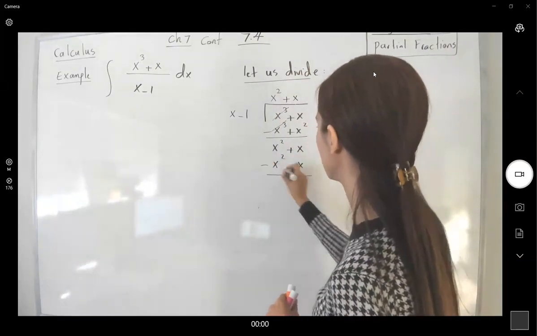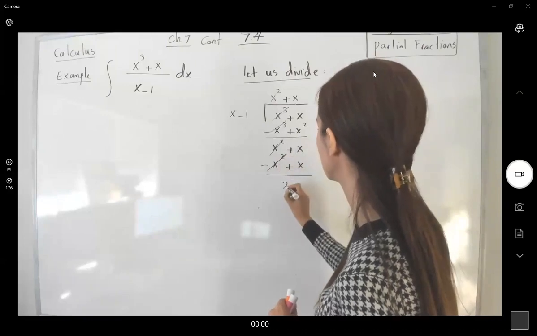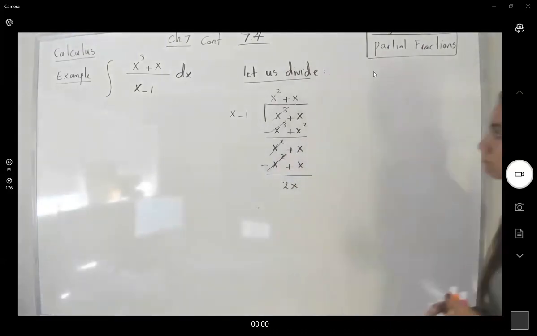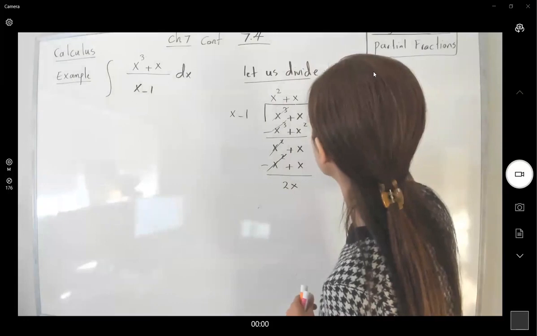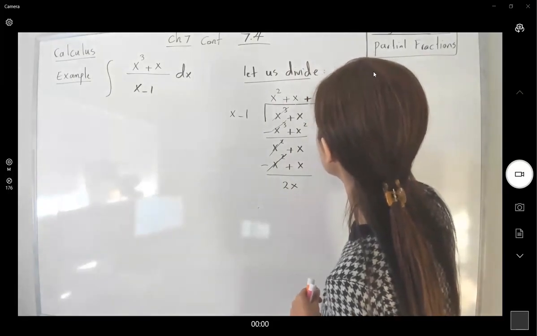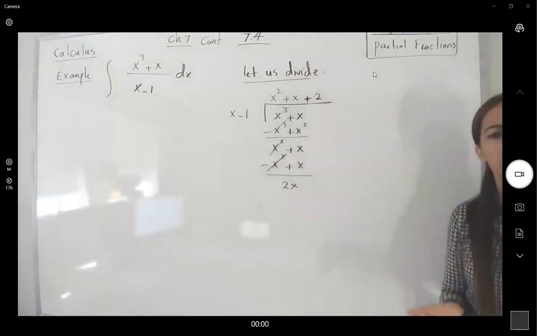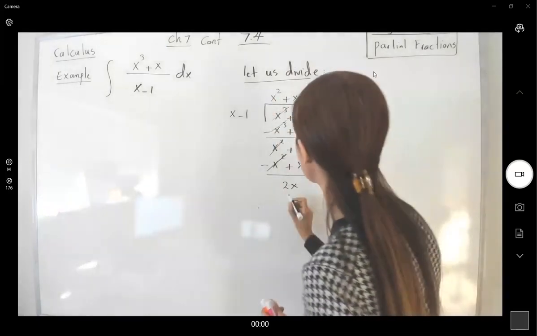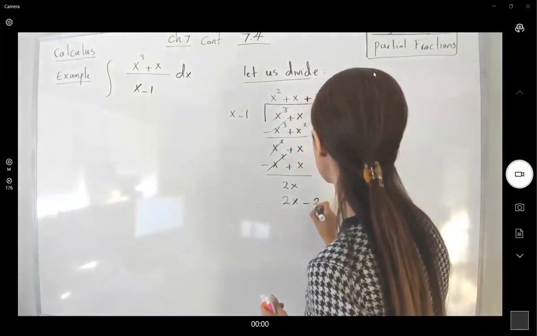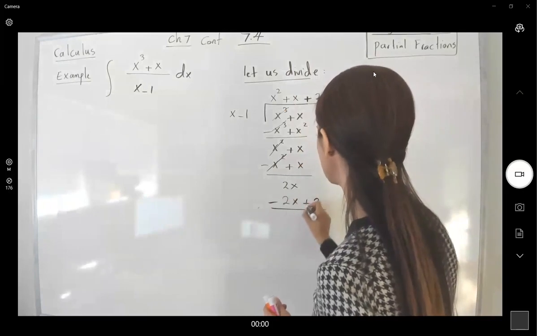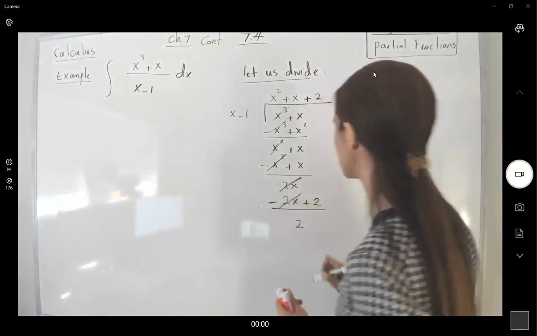What's left? If we subtract these two, we get 2x. Then we're left with just a scalar number 2. 2 times x minus 2. We subtract these two, we get positive 2.